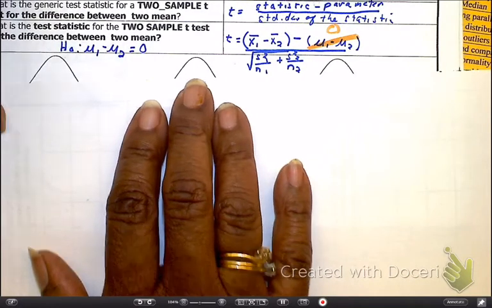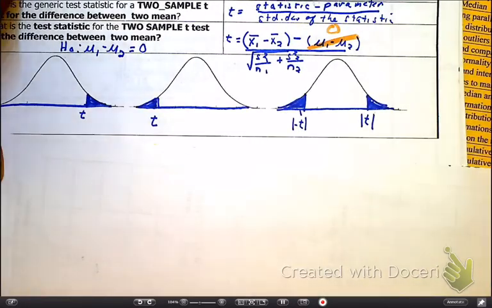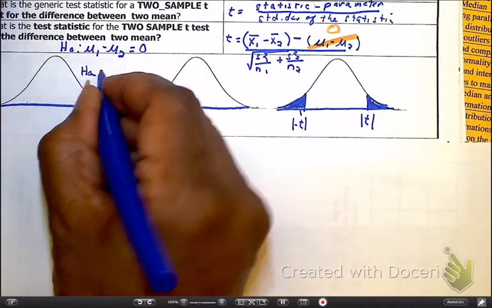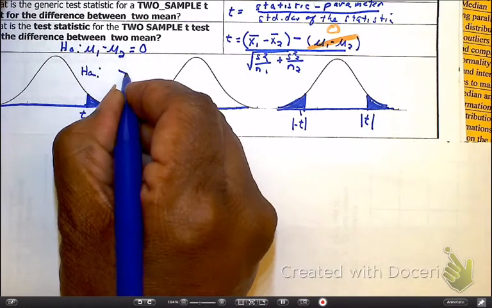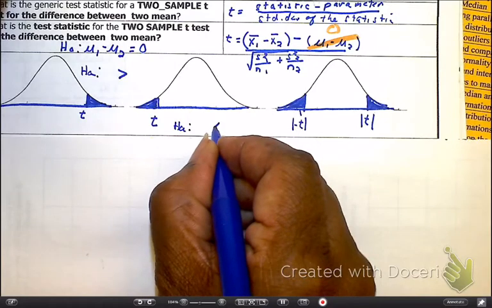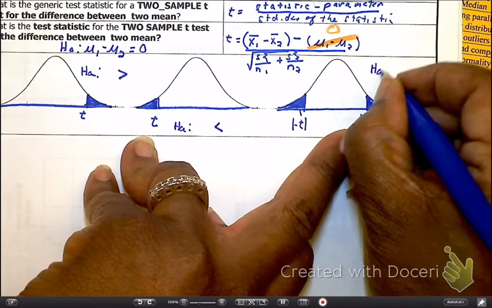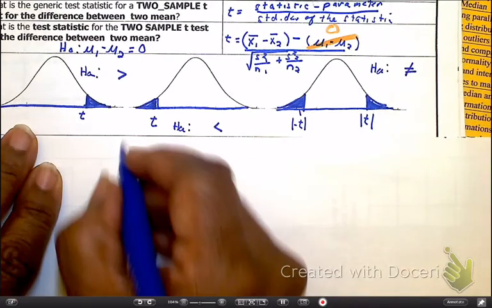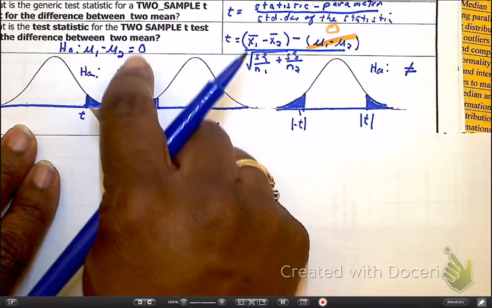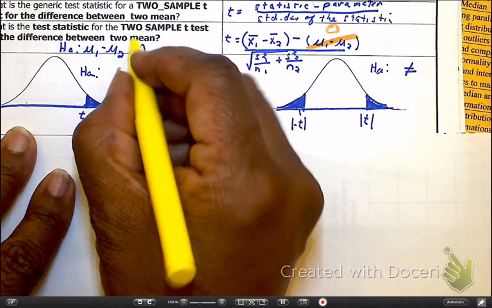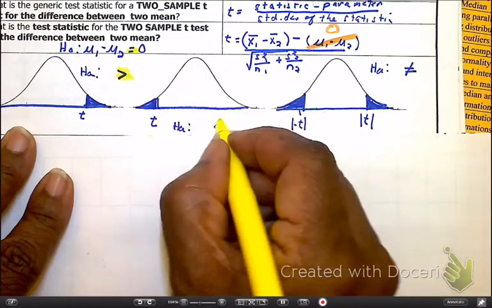And as we look at our bell curves, as we look at our H0 and our HA specifically here, this is where our HA is going to be greater than, this is where our HA is going to be less than, and this is where our HA is going to be not equal to. As opposed to just being equal to here, this is what's going to change as I highlight the designated inequalities.